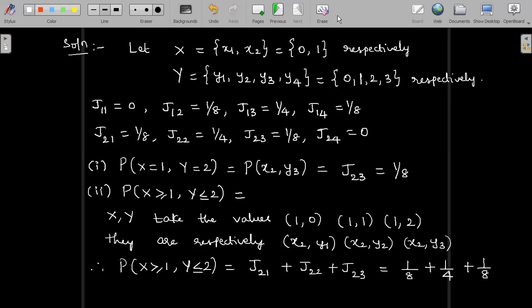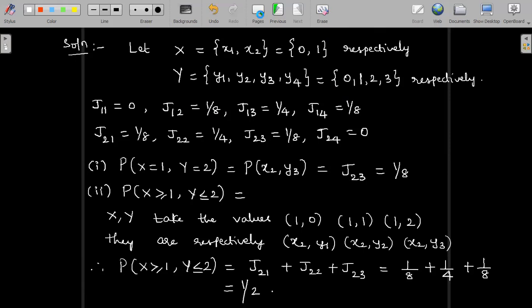Since we have already written the values of J's, it is helpful to easily write them down. So we can sum up all these to get the answer as 1 by 2. 1 by 2 is the answer for probability of x greater than or equal to 1 and y less than or equal to 2. That was the second part of the problem.